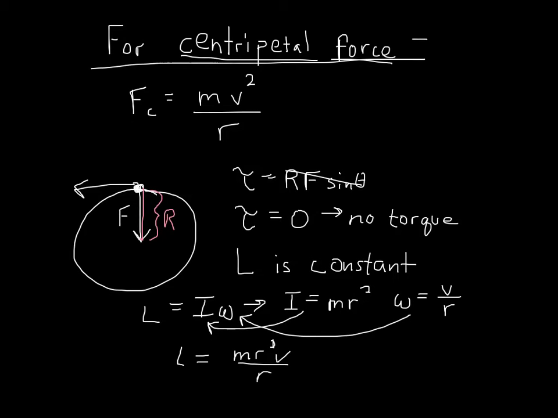I can cancel one r up top with my r down bottom, and I find that the angular momentum due to a centripetal force is equal to m times r times v. Again, this is angular momentum of a centripetal force or a circular orbit.